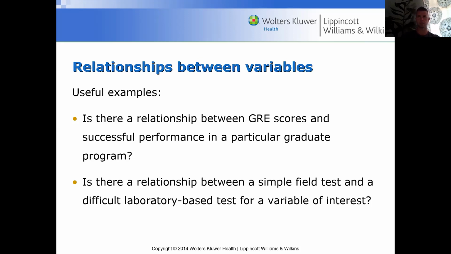So maybe it's some type of cognitive test for somebody who possibly has a concussion, right? Something along those lines that an athletic trainer would be able to use if he or she felt that one of their athletes might have had a concussion, right? So again, it can go both ways: how important something is in the lab, or if something in the lab will establish how important something you can do in the field would be.